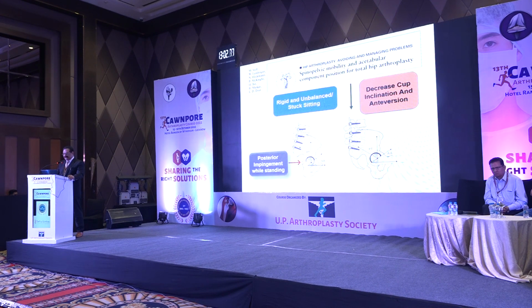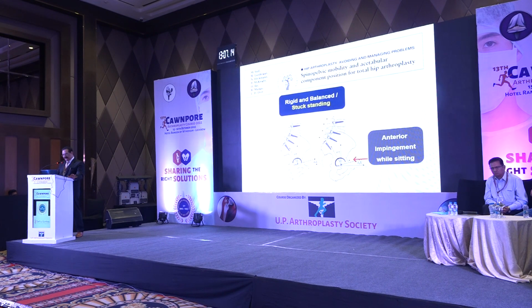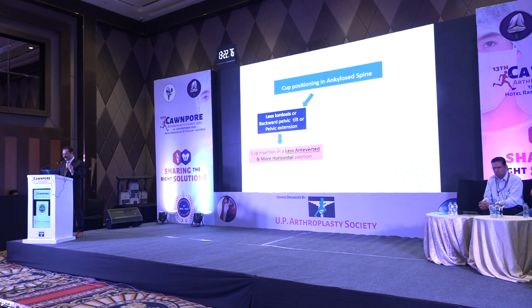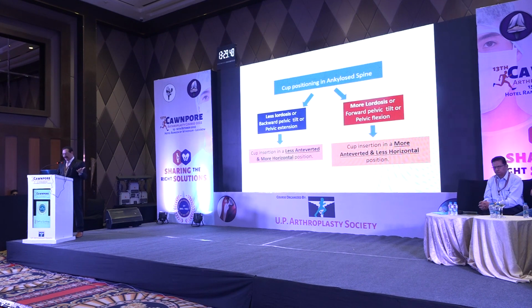And if the spine is stiff, rigid and lordotic, then there are chances of anterior impingement while sitting. In this case, you increase the anteversion, give more opening anteriorly, and you are safe. So, summarizing, for cup position in an ankylosed spine, like in ankylosing spondylitis, remember: less lordosis, less anteversion; more lordosis, more anteversion. Very simple to remember.